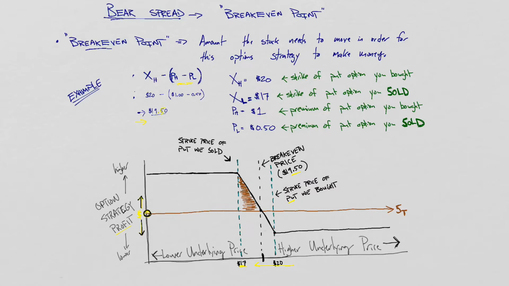But by making it easier, that is allowing the stock price to fall less before this strategy starts kicking in and making money, $19.50 versus falling to $19, you're giving yourself a greater chance of profit because the stock price itself doesn't have to fall by as much before your option strategy starts producing money.